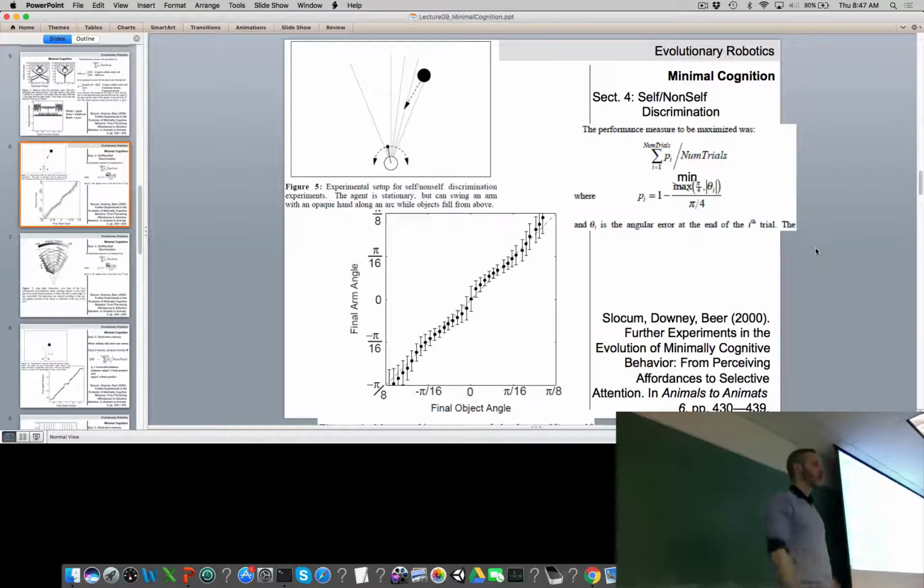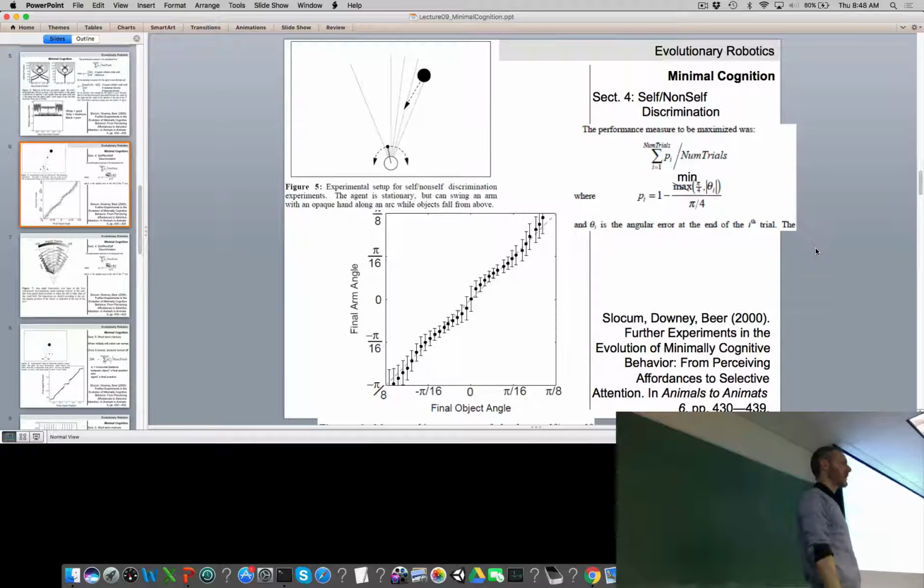So they still want to keep it normalized between 0 and 1. And also, it doesn't matter whether the robot missed the object to the left or missed the object to the right. Both of those are bad things. So we're just trying to minimize theta I. We want the robot to achieve a theta sub I of 0 in all conditions. Grab the object, grab the object, grab the object.